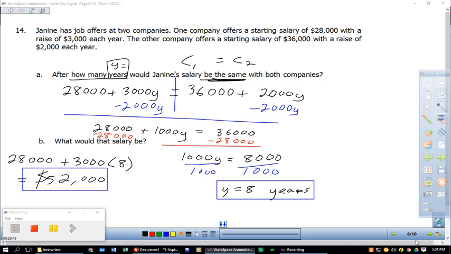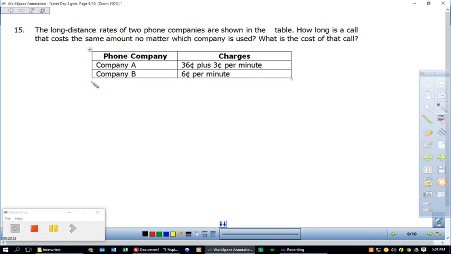Number 15 is very similar. The long distance rates of 2 phone companies are shown in the table. How long is a call that costs the same amount no matter which company is used? And what's the cost of that call? So we again want to know when company A equals company B. How long is a call? How would we measure how long the call is? I believe it's going to be minutes.